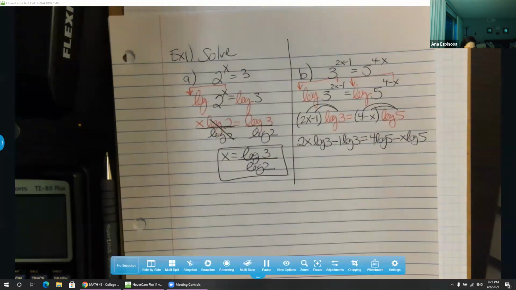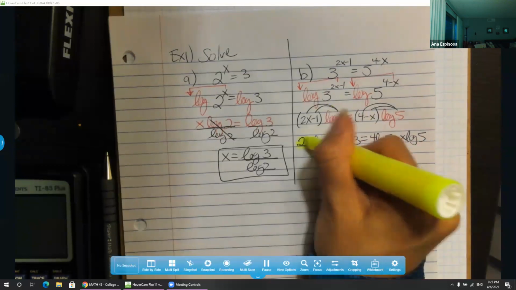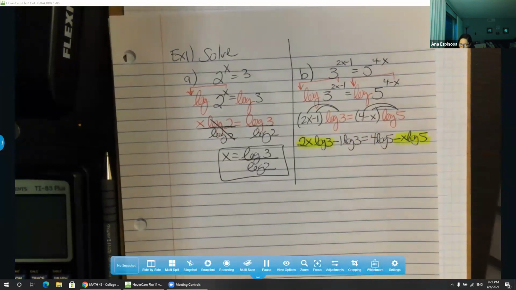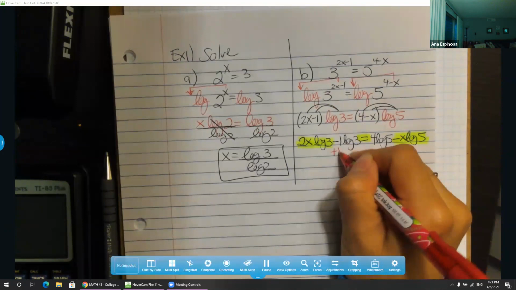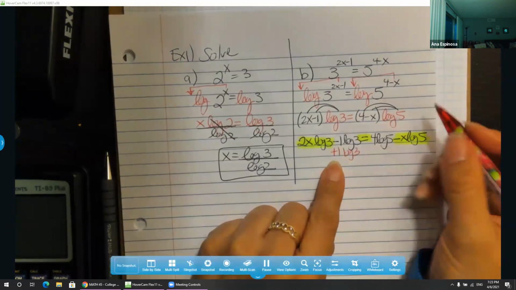Next step is to find all the pieces that have an x. That would be this one, and that would be this one. Notice the equal sign in the middle. Your job is to move the pieces with the x's to one side and the pieces with just numbers to the right. So I'm going to add 1 log 3.